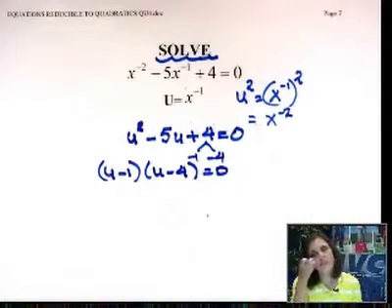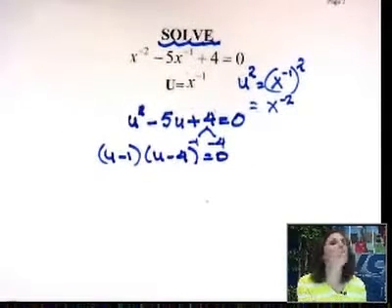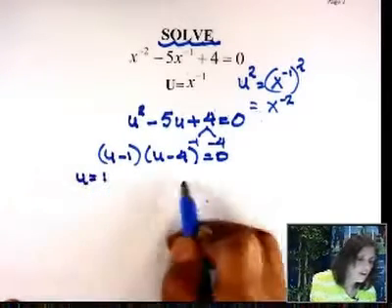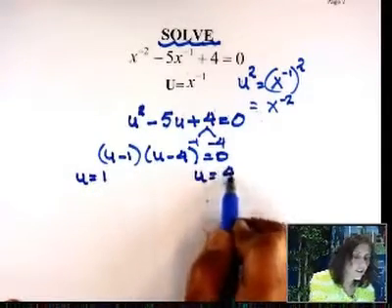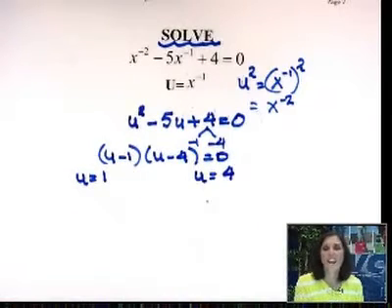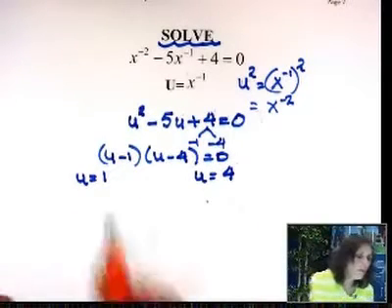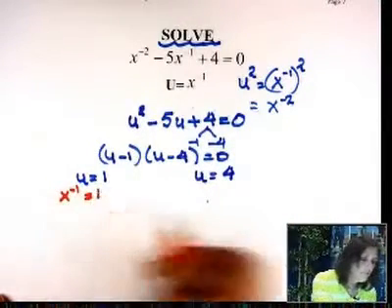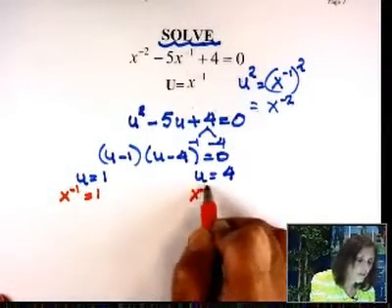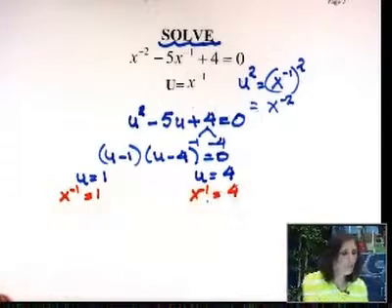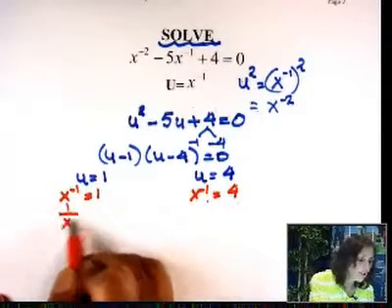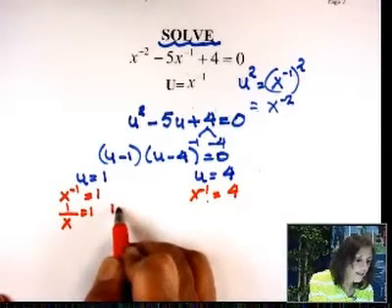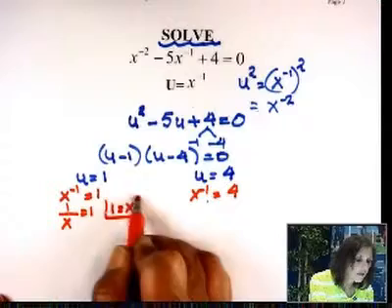Since I'm asked to solve, right now I'm going to solve for u first. U equals 1, u equals 4, setting each factor to 0. Now do the substitution. What was u? X to the negative 1. I have to do a little bit of work. 1 over x equals 1. Cross multiply, you're going to get 1 equals x.